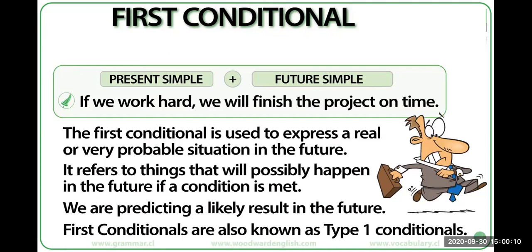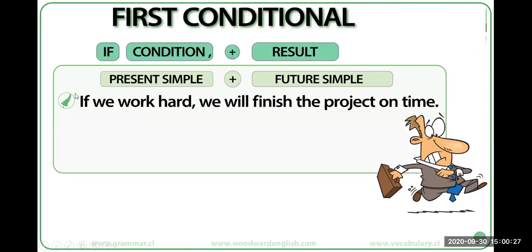Remember the other name of the zero conditional? What was the name of the zero conditional? Type zero conditional, right? And this is type 1 conditionals. Let's see some examples. Here we have the present simple and the future simple. And as you can see, we also need the comma here.